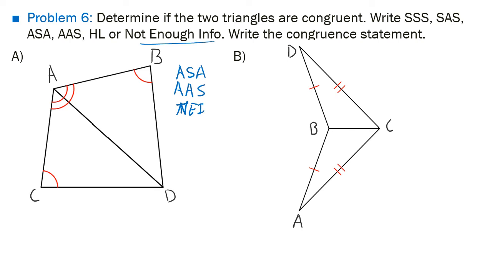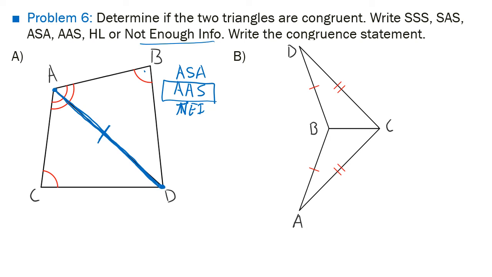So we have to see, is there a side that is congruent? Well, both triangles are touching each other at the side AD. They're overlapping, which means they're the same length. So in reality, we have an angle, and then a side, which matches this one right here, angle, angle, side.